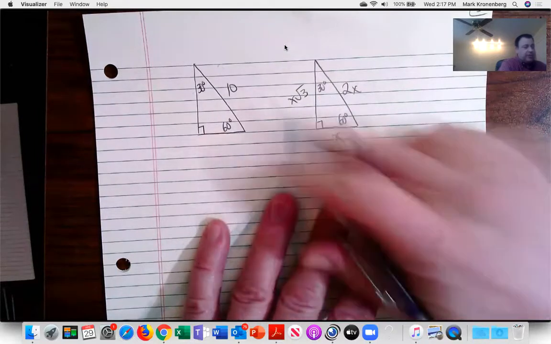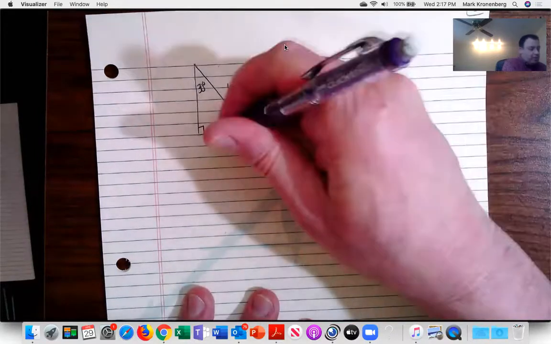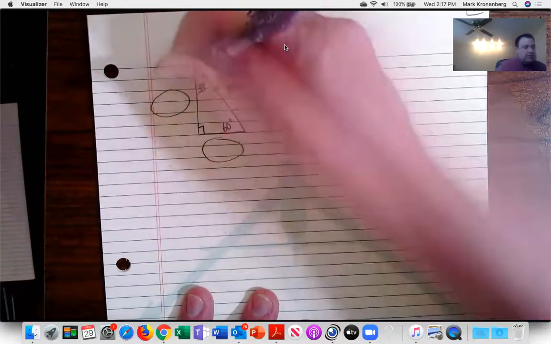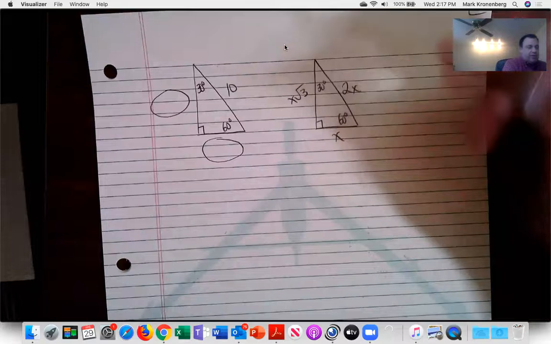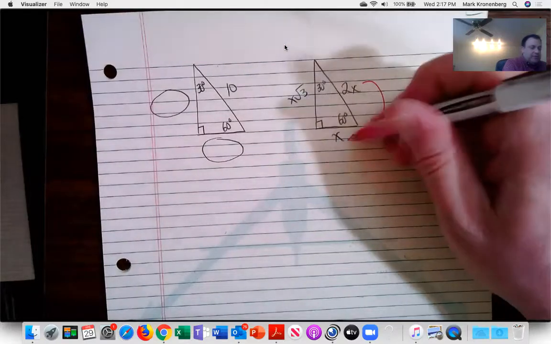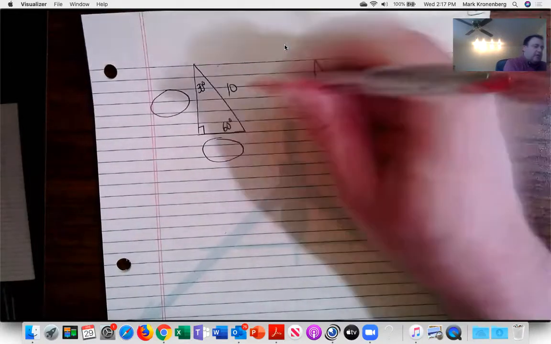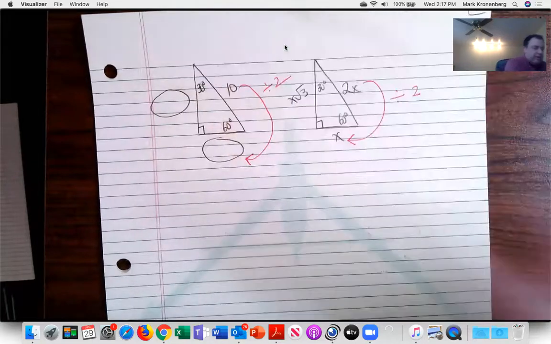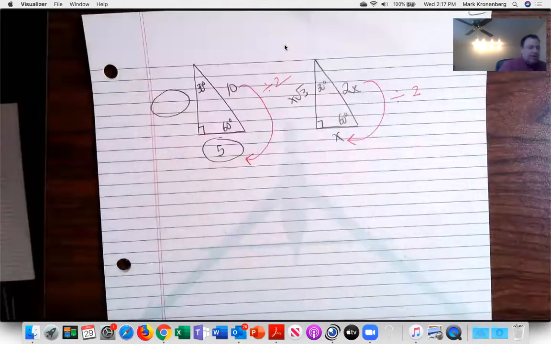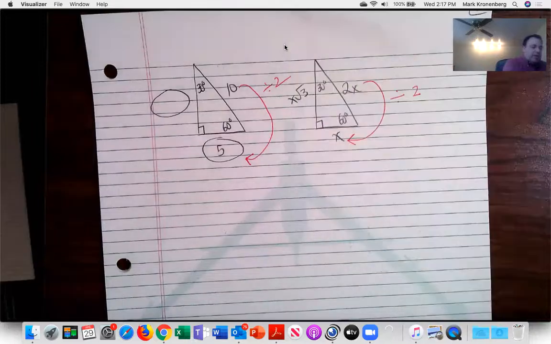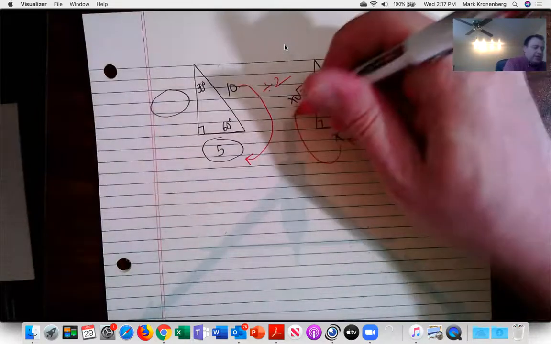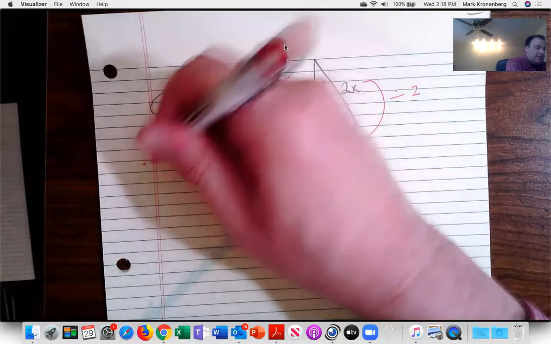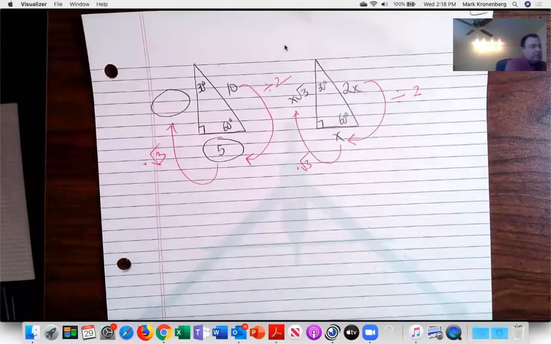In this case, we see 2x equals 10, and we want to know what this side is and what this side is. To go from hypotenuse to short leg, divide by 2. So we'll start with that. Divide by 2, and we'll now have 5. And to go from the short leg to the long leg, multiply by root 3. So multiply by root 3, and now we have 5 root 3.